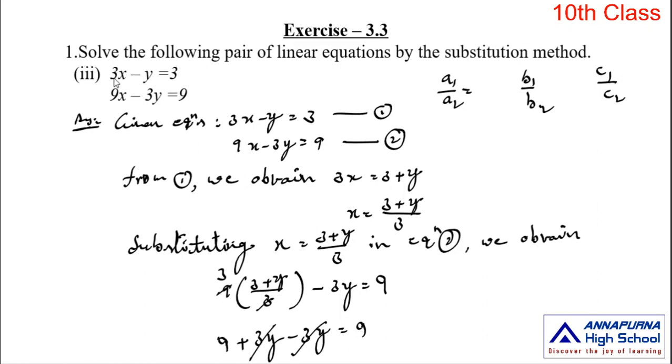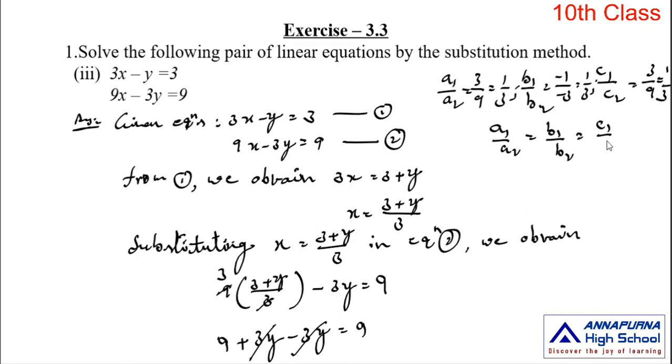Let us observe: a1 by a2 means 3 by 9, equal to 1 by 3; b1 by b2 means minus 1 by minus 3, equal to 1 by 3; and c1 by c2 is 3 by 9, also equal to 1 by 3. So here a1 by a2 is equal to b1 by b2 is equal to c1 by c2. The three ratios are equal.